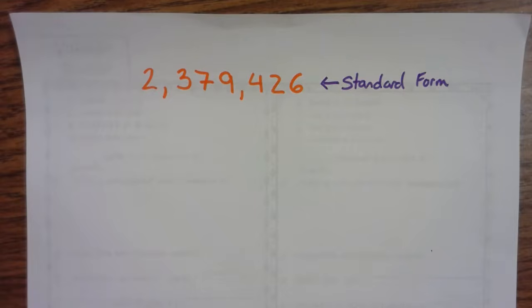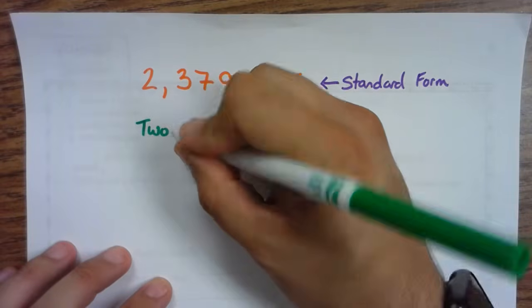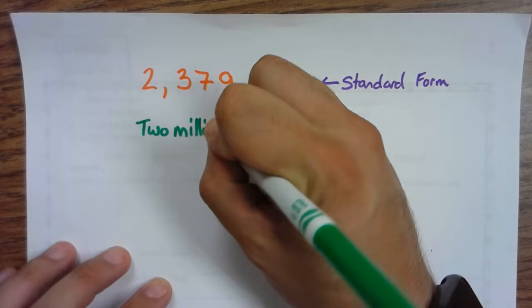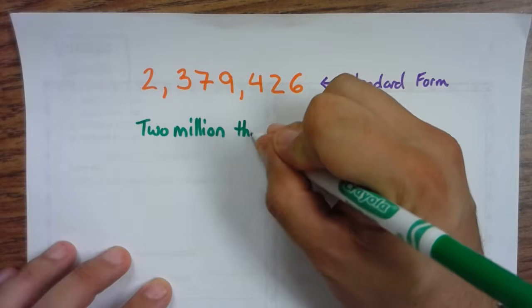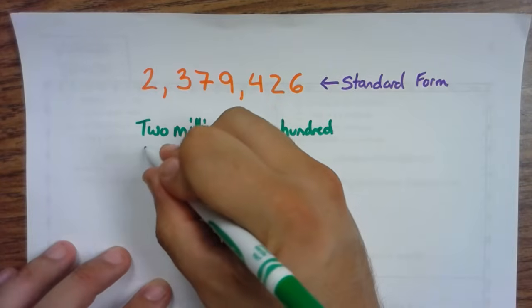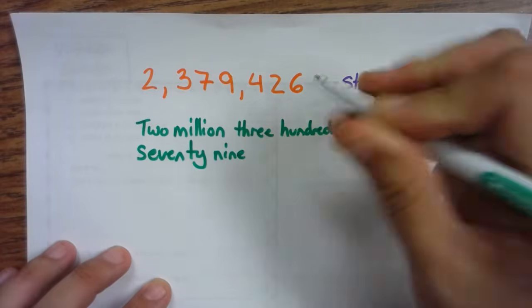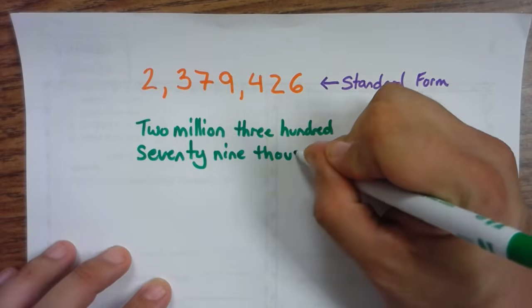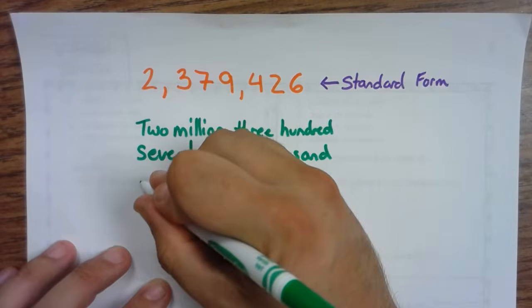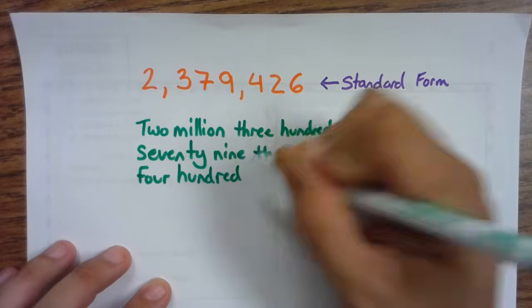And again, I know that because I've written this number using just my numerals, my digits, 0 through 9. I can write this in word form because I know that the proper way to read this number aloud is 2 million, 379,000, 426.